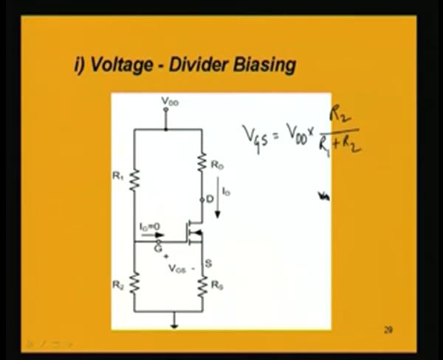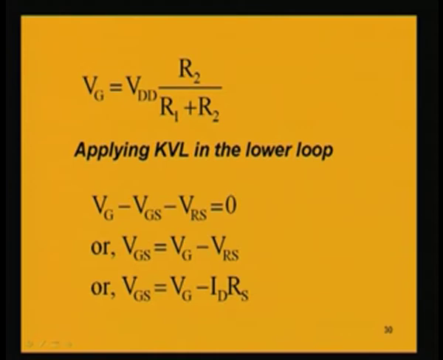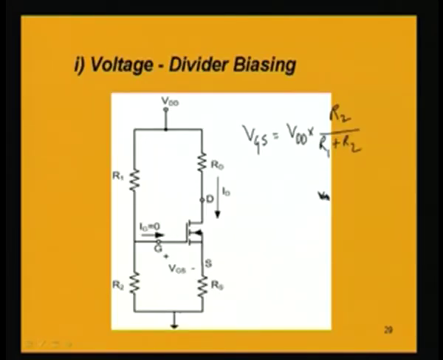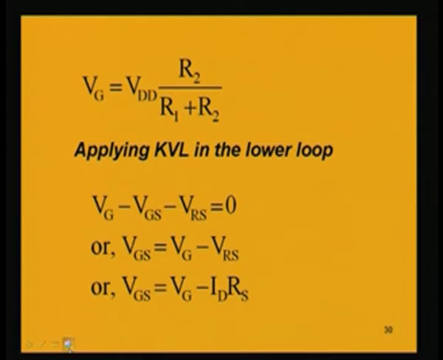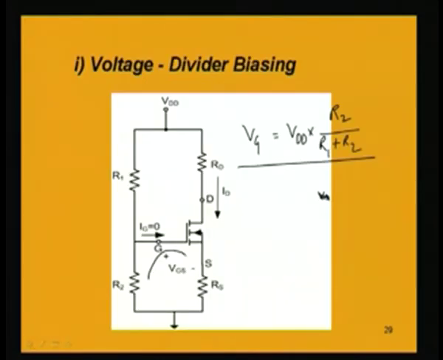This voltage is available between gate and ground. Now, if we know this VG, then we can apply KVL, Kirchhoff's voltage law, in the lower loop, this loop.